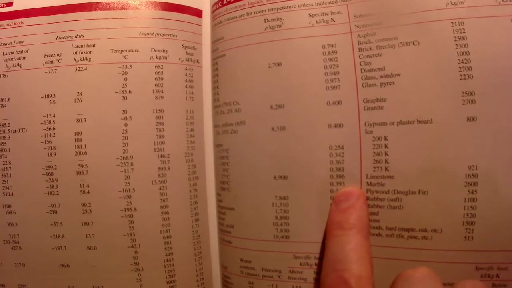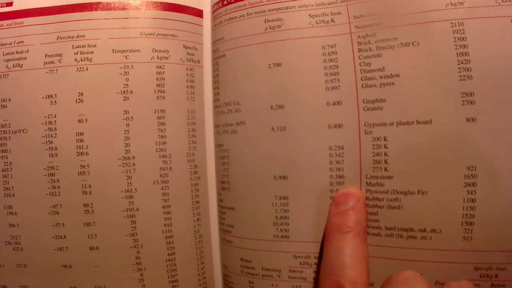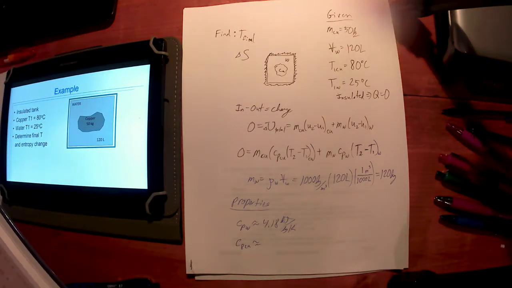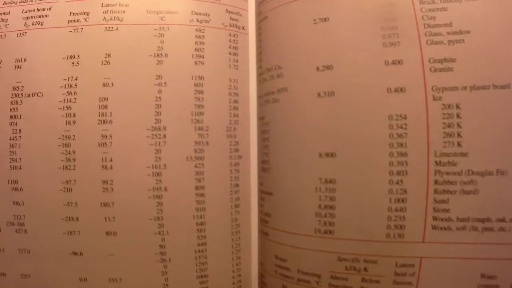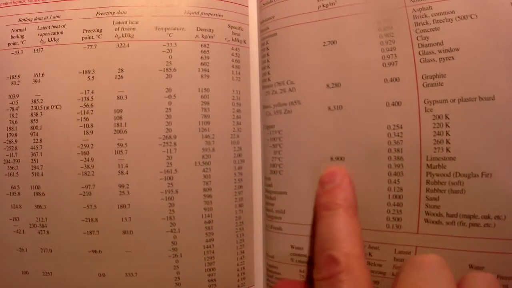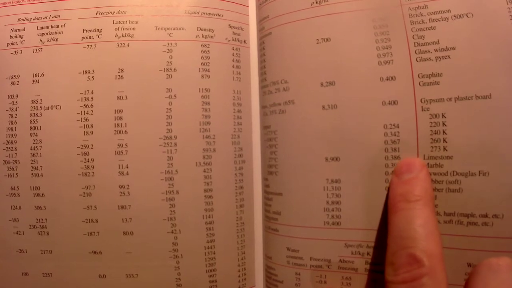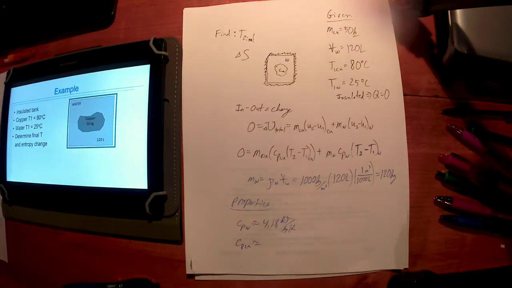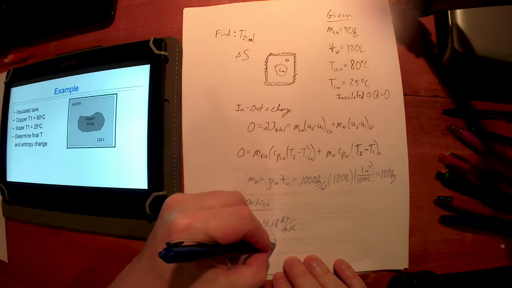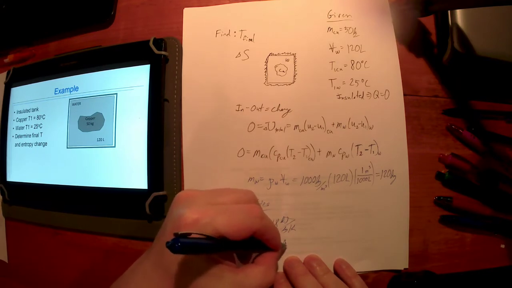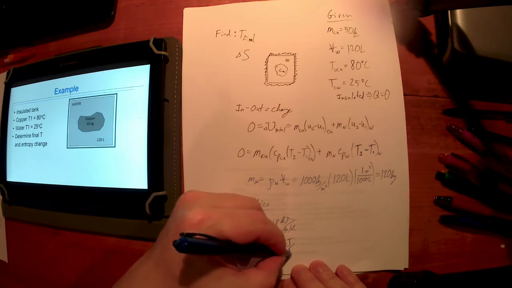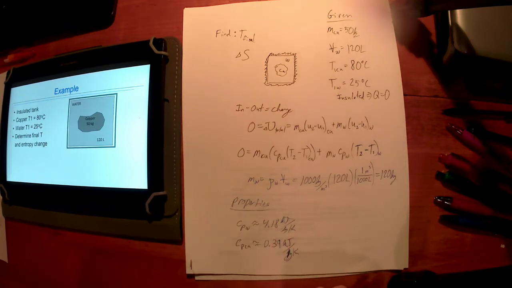We're starting at 80 degrees C, and the coldest it's going to get is the initial temperature of the water at 25 degrees C. I don't think it's going to get all the way to 25, but somewhere between 0.393 and 0.386 is going to be our specific heat for the copper. I think we're just going to say 0.39 is a really good guess, and we'll round to 2 significant figures for an example problem that I'm doing very quickly on a video.